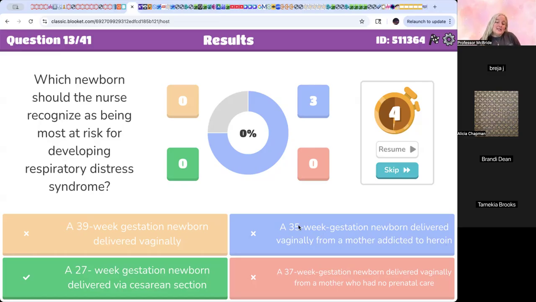And at 35 weeks, we anticipate there's sufficient surfactant. If I had to choose one and all the other babies were term, I'd pick 35 weeks, because that would be the one most likely to have insufficient surfactant. But this one is 27 weeks, so this one's definitely going to have a higher risk.